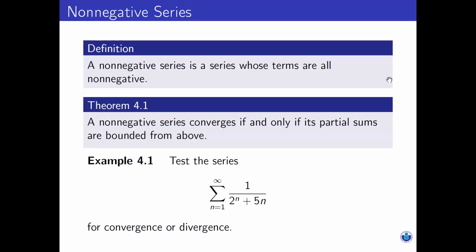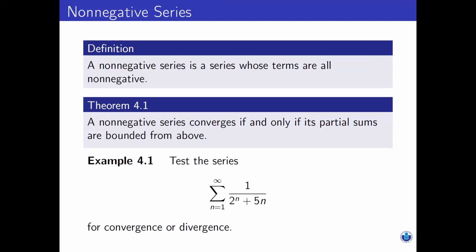So the first tests are the integral test and comparison tests, and all these work for a special type of series, that is a non-negative series, a series whose terms are all non-negative. And a special result that works only for positive series is that a non-negative series converges if and only if the partial sums are bounded from above.